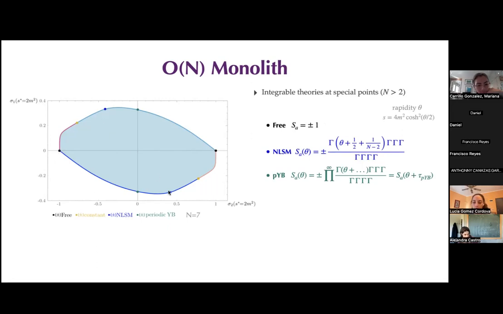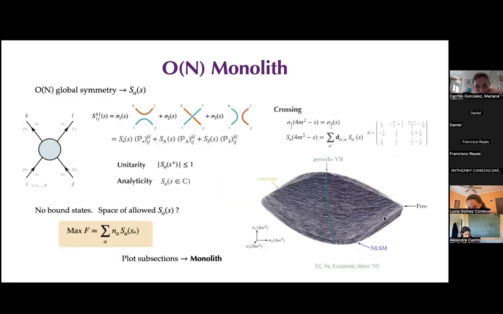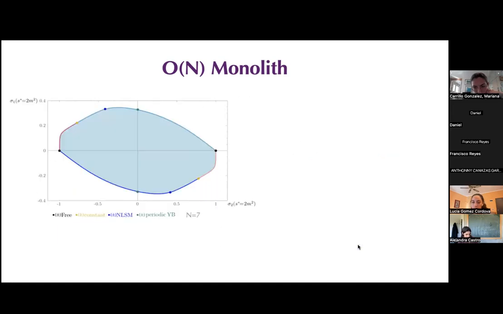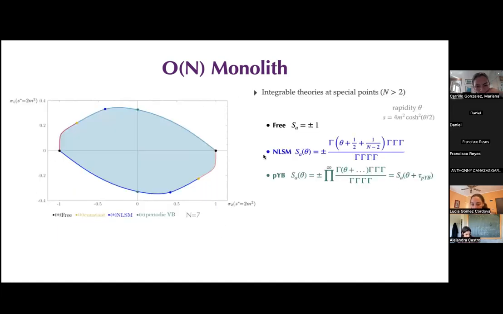Then this blue point, which is actually a vertex, as you can see, some edge ending there, is the ON nonlinear sigma model, which is also integrable. And there you have a non-perturbative expression for the amplitude, written in terms of this rapidity theta, which is related to the center of mass energy squared S in this way, and where N enters here in these gamma functions.